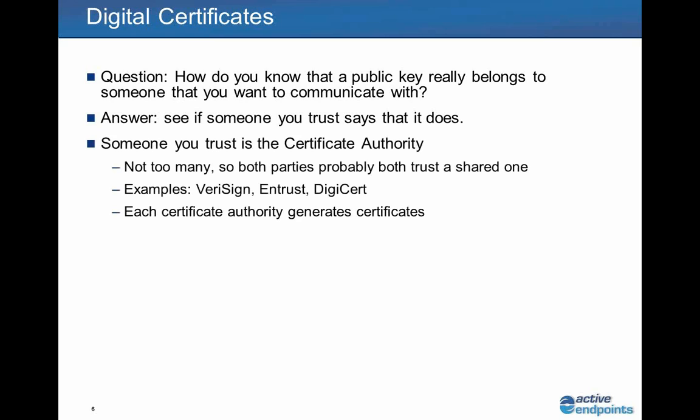The someone you trust is the certificate authority. There tend not to be very many of these, so both parties are likely to find one they both agree is valid. Examples are VeriSign, Entrust, DigiCert, and there are probably about a dozen.